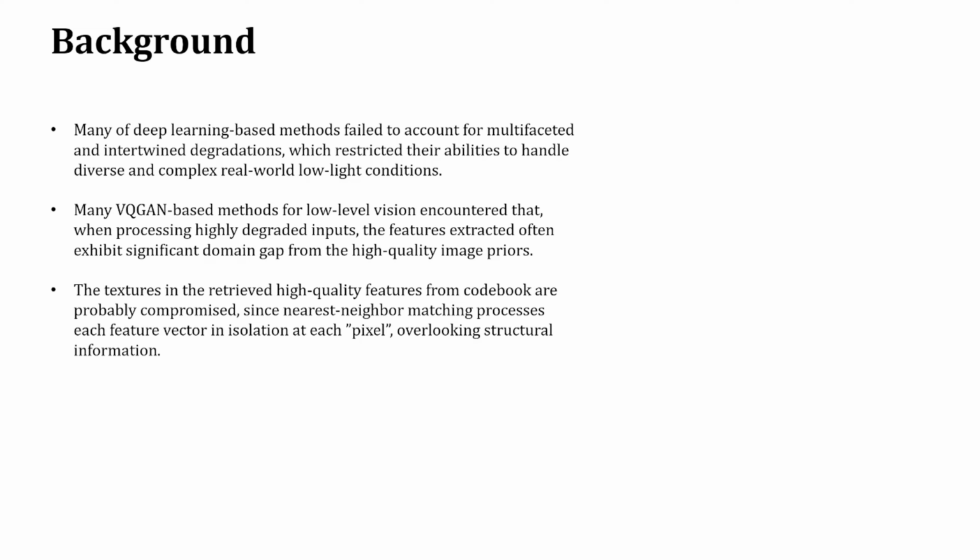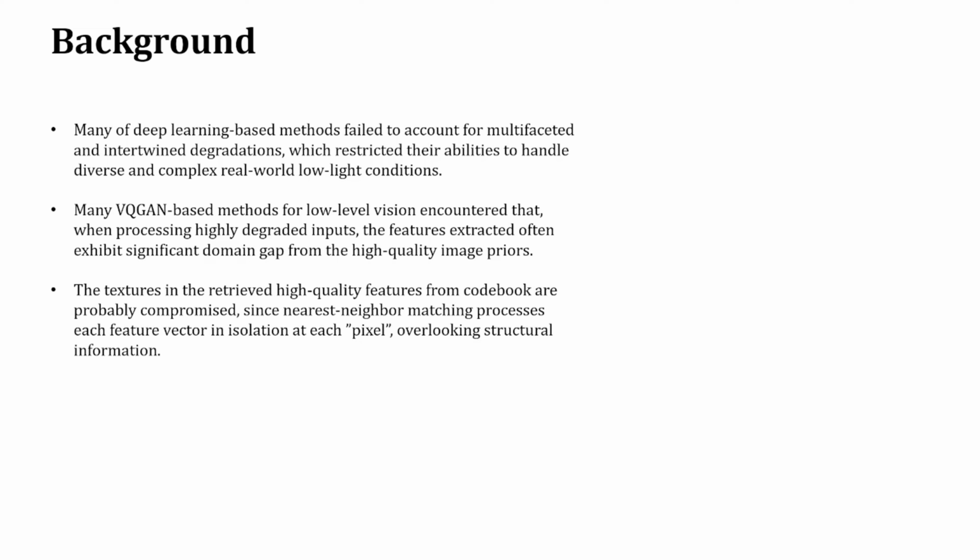Second, most VQGAN-based methods for low-level vision run into this issue. When they are processing highly degraded inputs, the features they extract often have a big domain gap with the high-quality image pairs. So the codebook is basically a knowledge base that is learned from the high-quality image domain.